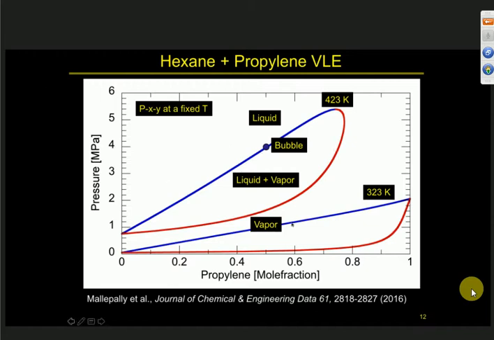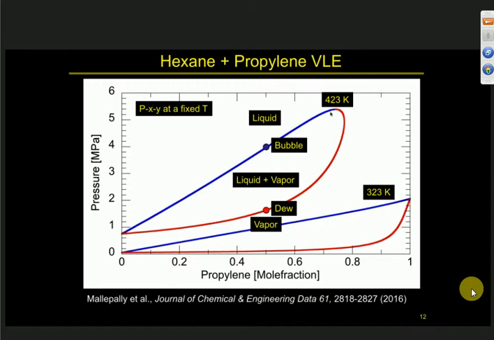Then the reverse phenomenon: if your starting point is here, as you go up with the pressure, you compress the system. As you compress, you see the first dew formation. It's entirely gas or vapor, and then we see the first droplet of liquid formation. That we call a dew point. It's very hard to measure these dew points, but people have done it. Our lab specifically focuses on getting the bubble point pressure. And once you measure the bubble point pressures, what we do is use an equation of state model.